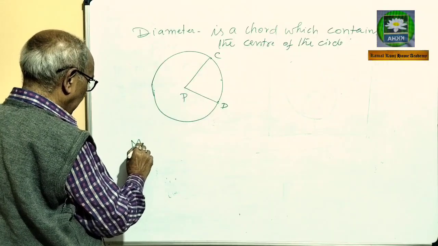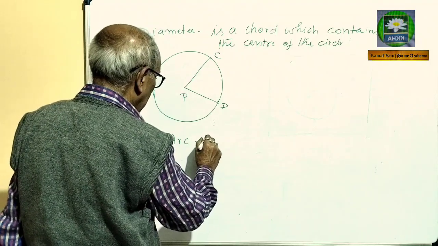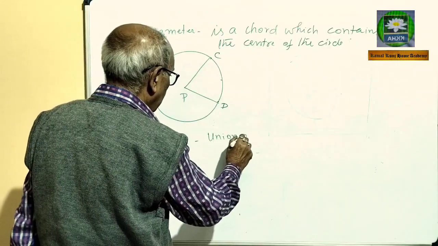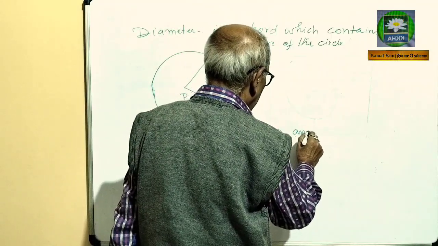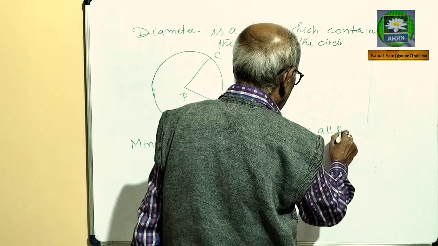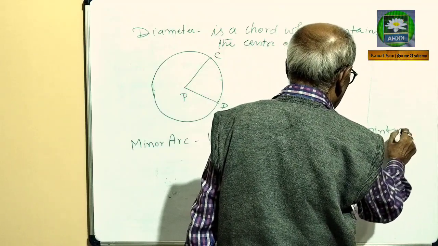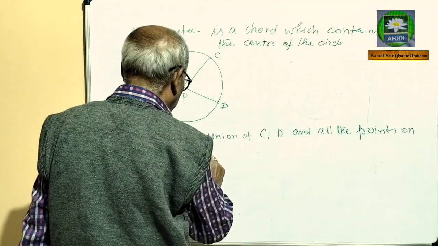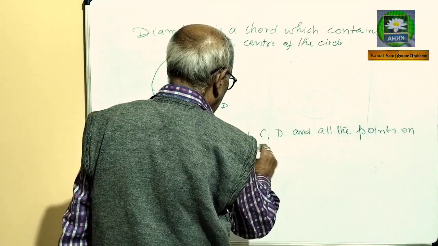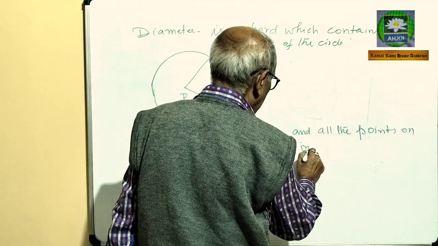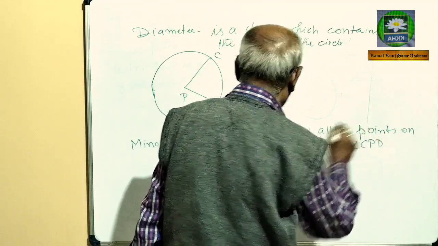What is a minor arc? A minor arc is the union of C, D and all the points on the circle in the interior of angle CPD.